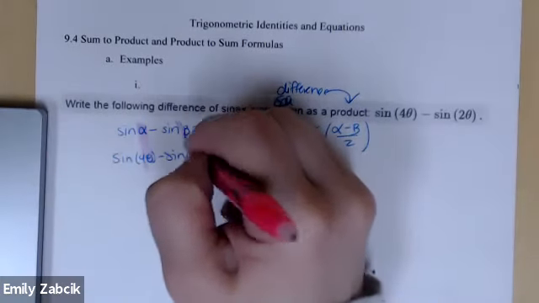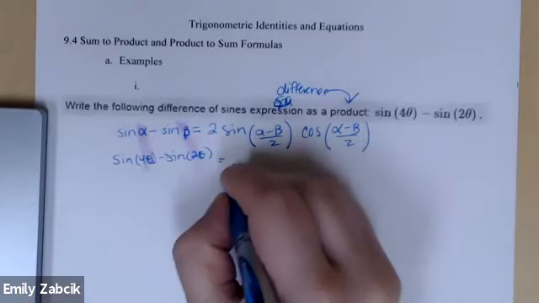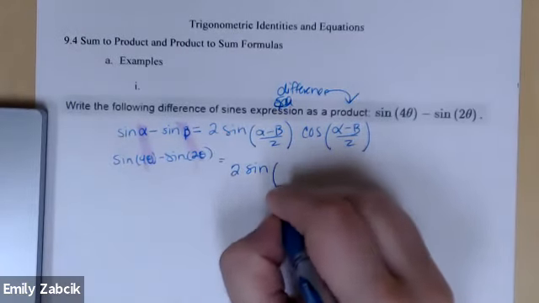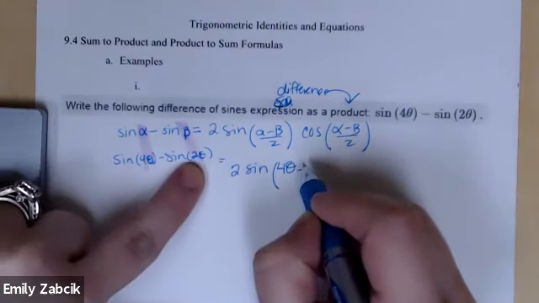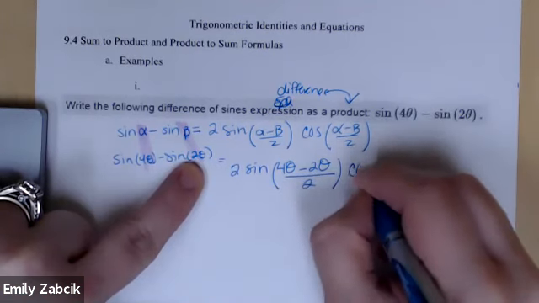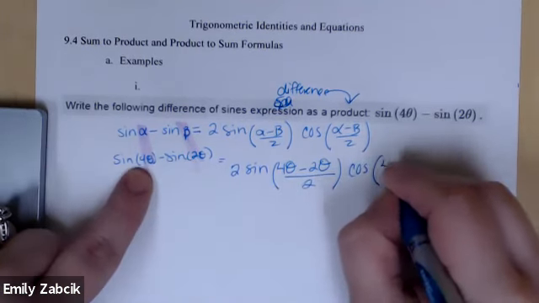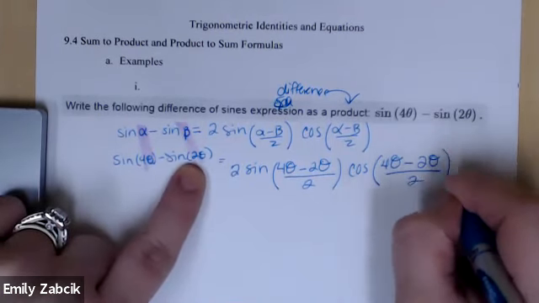Here's my alpha, here's my beta. So I could fill this in. 2 sine of, let's see, alpha 4 theta minus beta 2 theta all over 2, cosine of alpha 4 theta minus beta 2 theta all over 2.